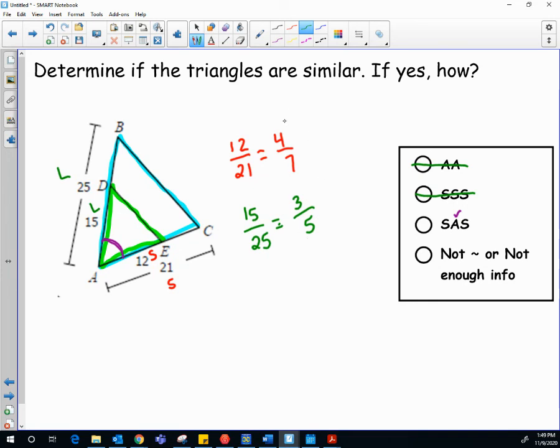Well, hold on. These don't simplify to the same thing. So these would not be similar. And so this is important that you make sure you always check the sides. Always check the sides and make sure they're proportional before you determine which one of these you have. Okay? And that's it.